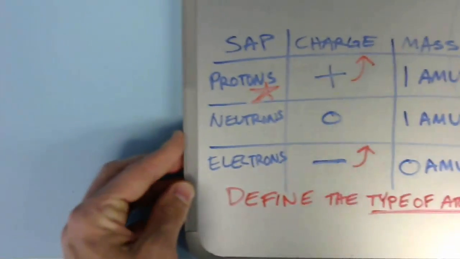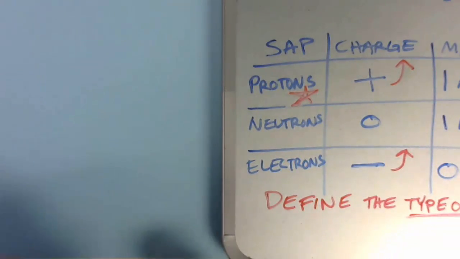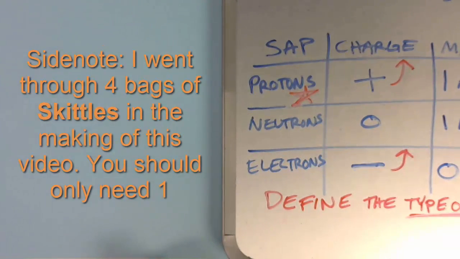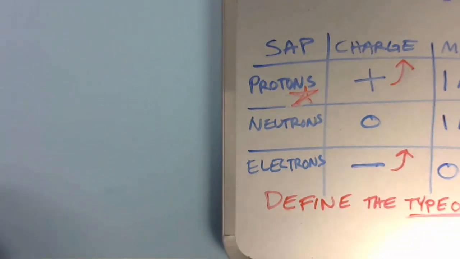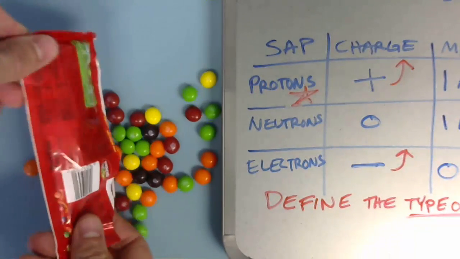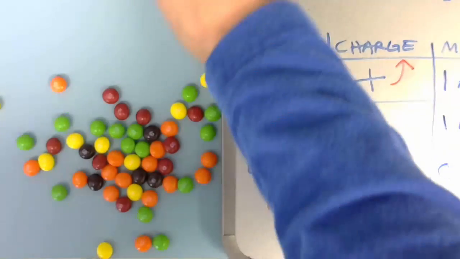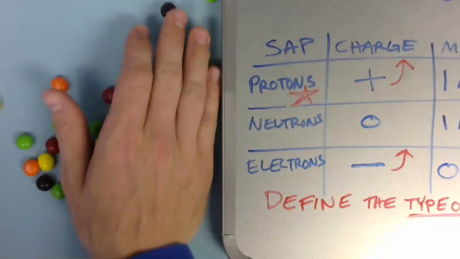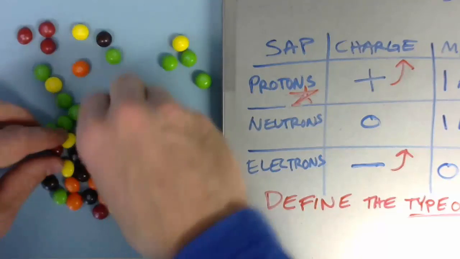All right, so now we are going to get into our orbital diagrams and our Skittles. Dang it, mouse. So go ahead and open your bag of Skittles and dump them all out. What I would do is really quickly sort them by color.